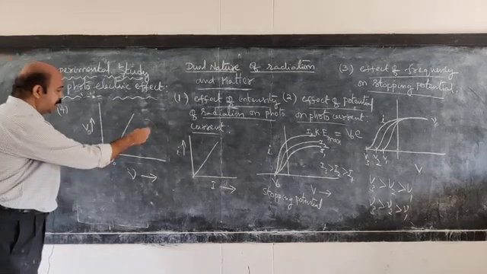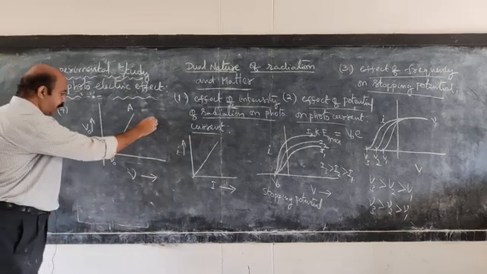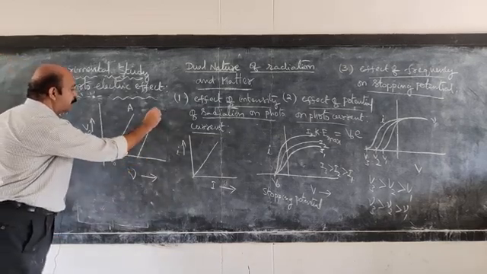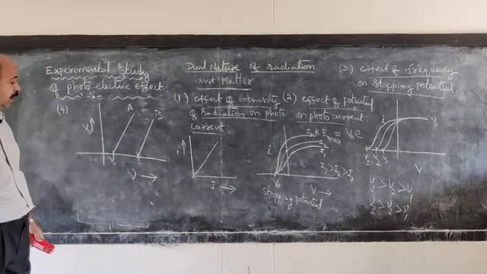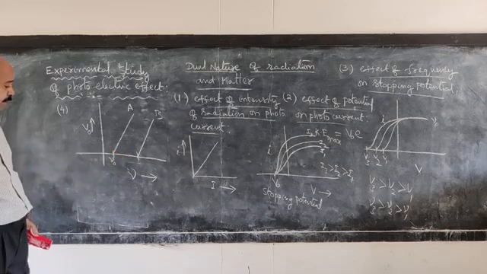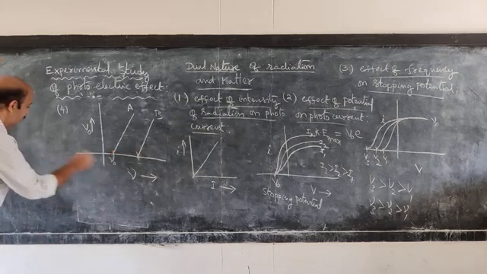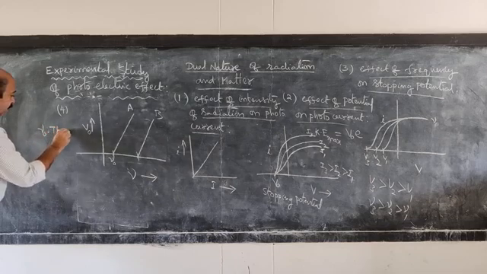And for a different metal surface, suppose this is for metal A used as cathode, for another metal it may be something like this. So the minimum frequency required for photoelectric emission may change. This frequency is known as the threshold frequency.